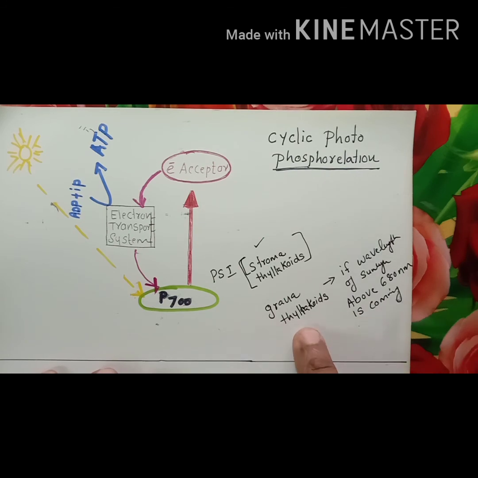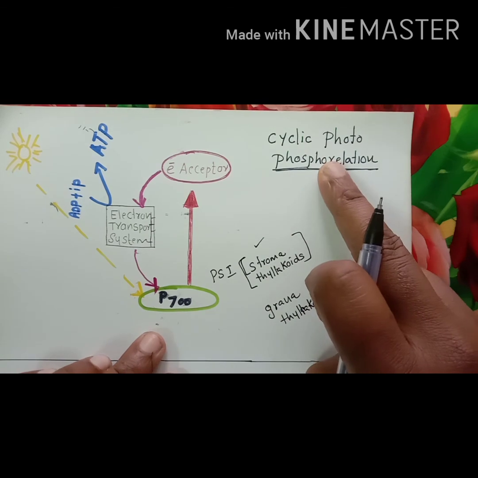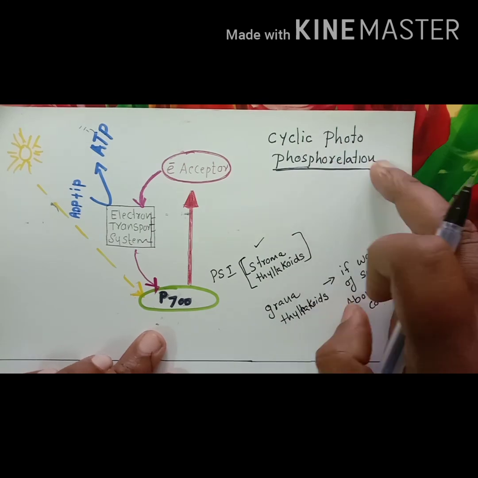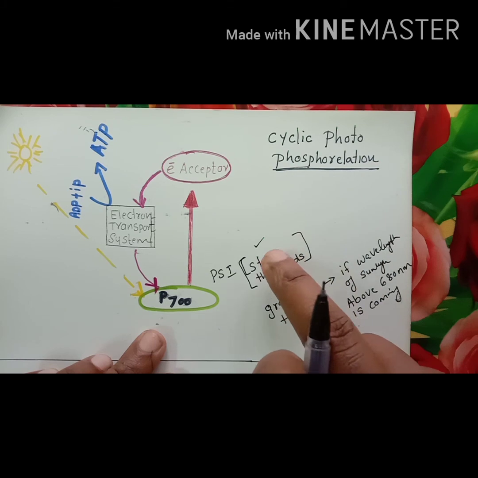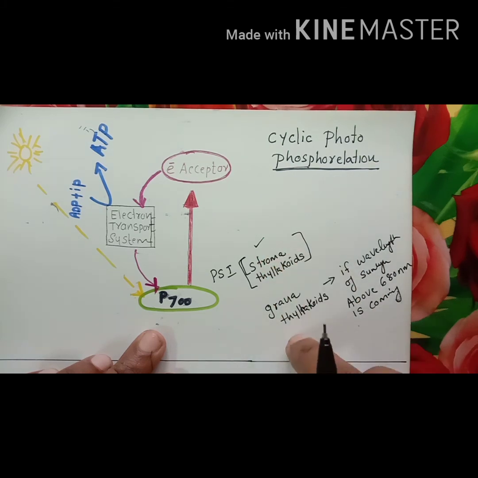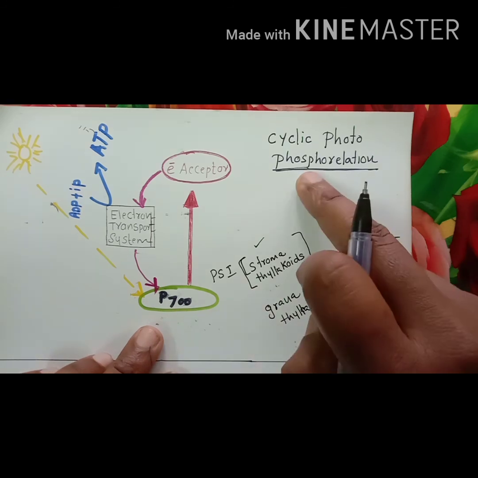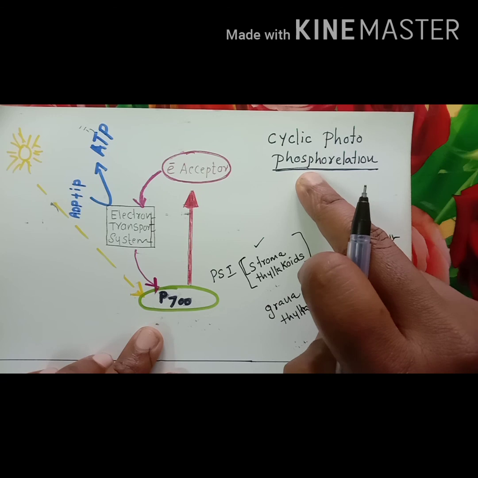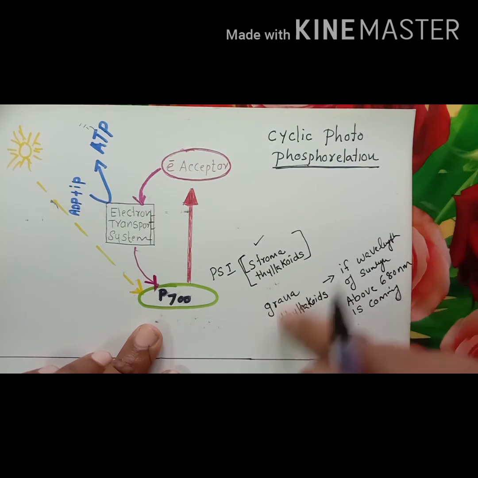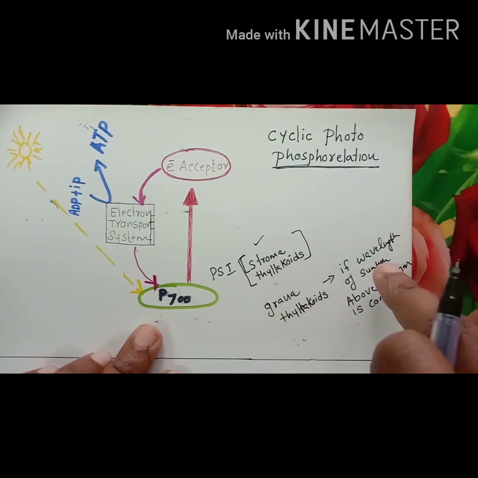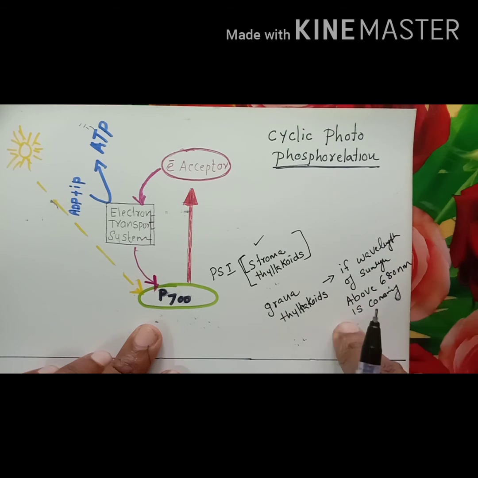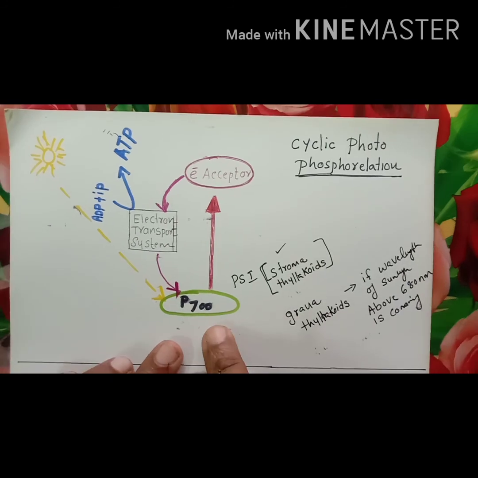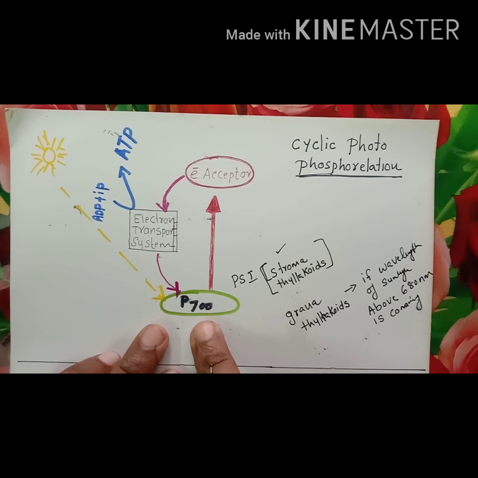In grana thylakoid also, which type of phosphorylation occurs? Cyclic photophosphorylation occurs. So it occurs both in stroma and also in grana. In stroma thylakoid, because PS2 is absent, we can see only PS1, so only cyclic photophosphorylation occurs. But in grana thylakoid also this process occurs when sunlight above 680 nanometer is coming. Automatically who becomes excited? P700 becomes excited.